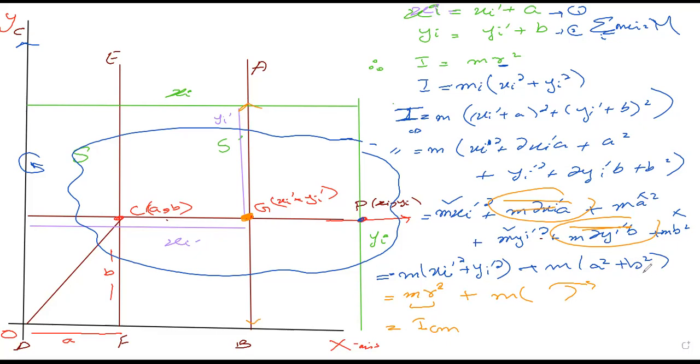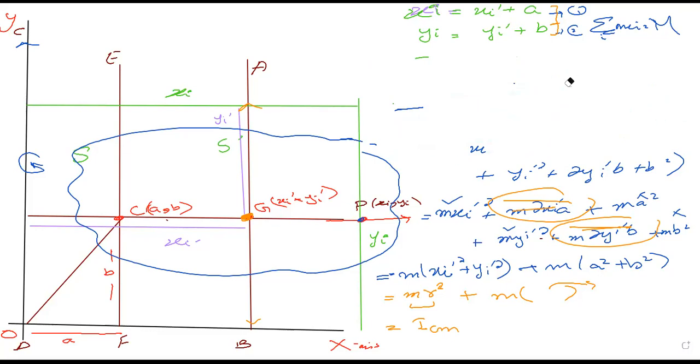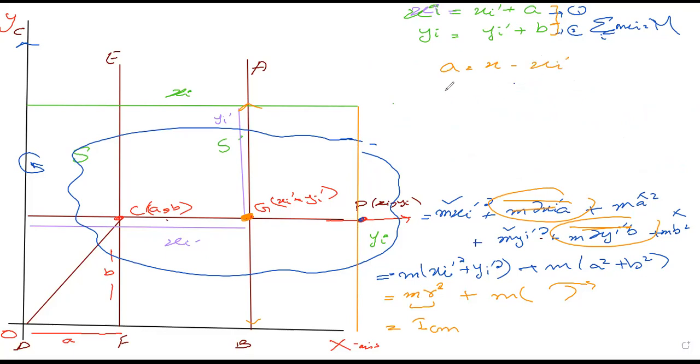Now, what is this a square plus b square? From where does this come? If we consider these first two equations, let me erase here for some space. Let me draw again. From here, we can see a is equal to xi minus xi dash and b is equal to yi minus yi dash.